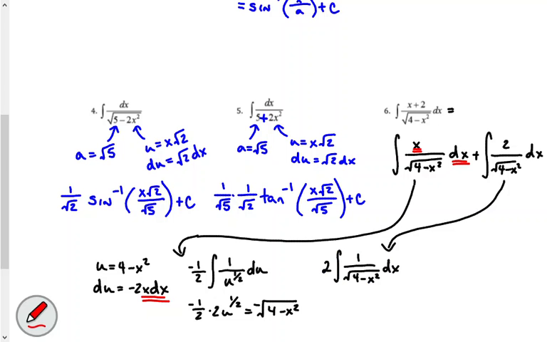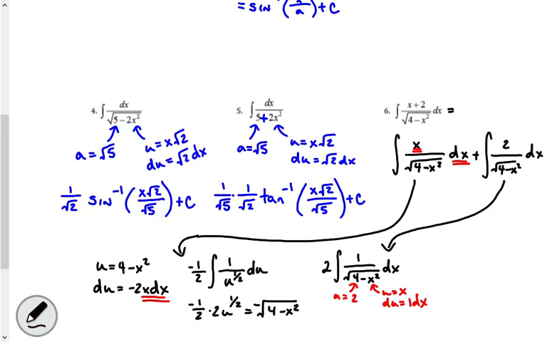But if you like the formula part, then a is what? And u is x, which means du is 1 dx. We don't have to worry about pulling out another coefficient. So now, what's our answer for that?